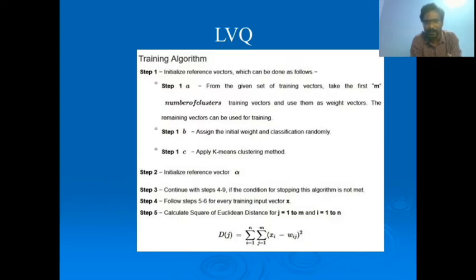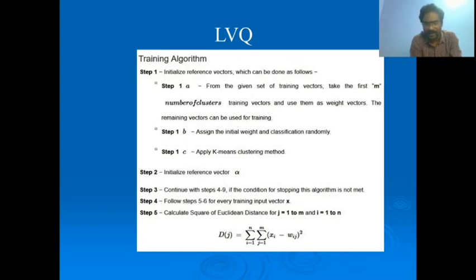In step 1, we need to initialize the reference vectors. We have divided step 1 again into 3 subcategories: step A, step B, and step C. In step A, from the given set of training vectors, take the first m number of clusters, that is the training vectors, and use them as weight vectors, and the remaining can be used for the training.